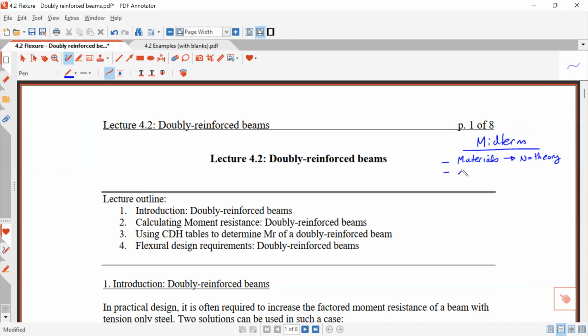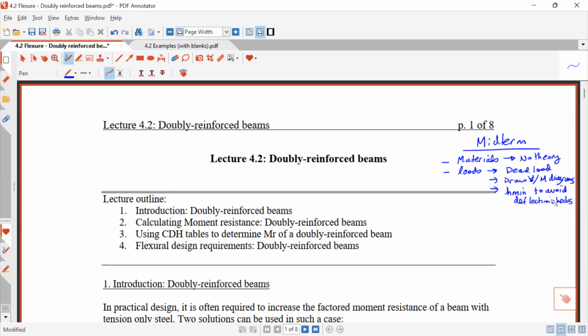Next, we did loads. So how to determine dead load, how to draw V and M diagrams. This you have to review. If you don't know how to draw basic shear moment diagrams, you need to know that. And we saw also how to check h-min to avoid deflection checks.